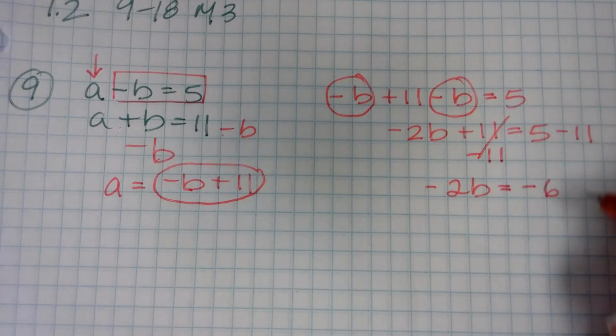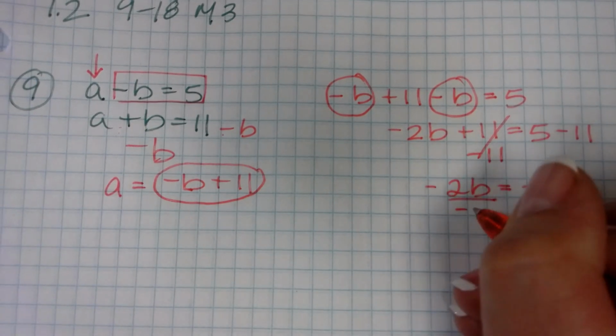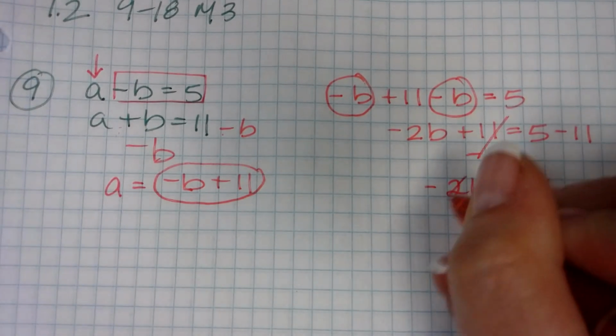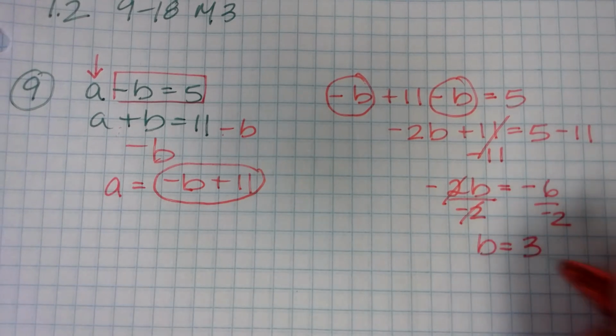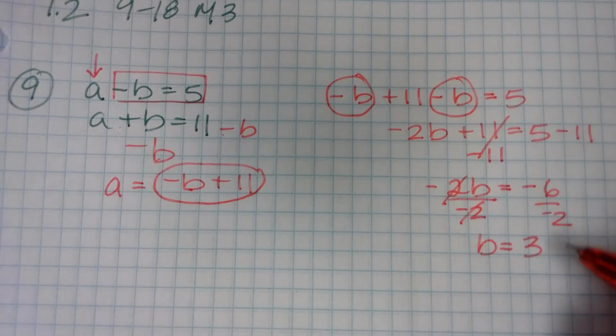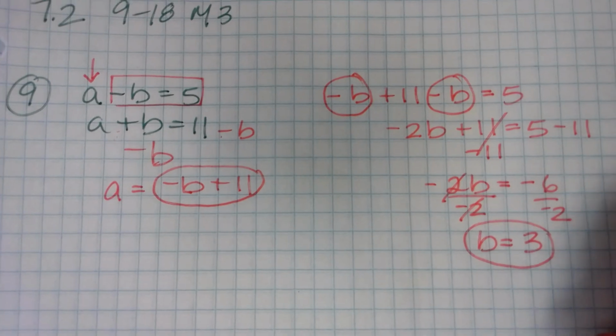So go ahead and do your subtraction here: 5 take away 11 is negative 6. In order to cancel out the negative 2, I'm going to divide by negative 2, which cancels on the left, leaving me with B equals positive 3. Negative divided by negative is a positive. So B is equal to 3.